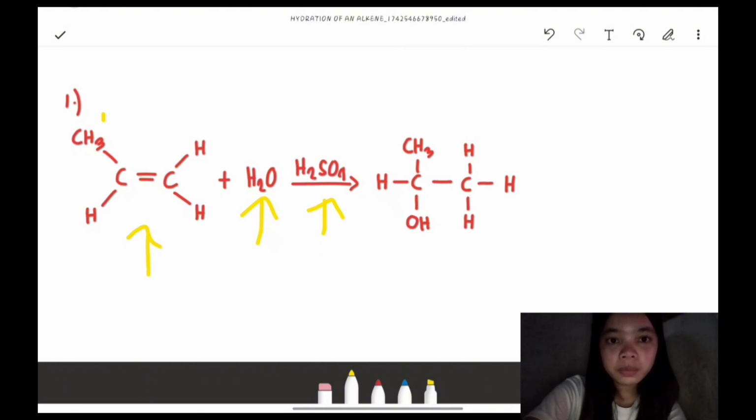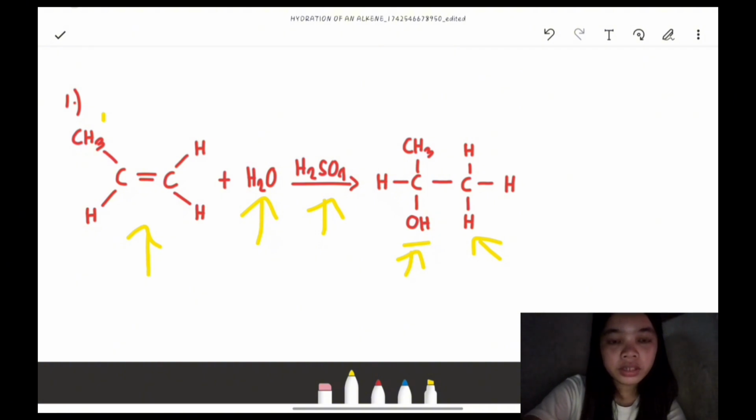So the double bond breaks and the hydrogen is going to go to this first carbon because that carbon is bonded to two hydrogens. The alcohol will go to the second carbon because this carbon is bonded to one hydrogen and one carbon.